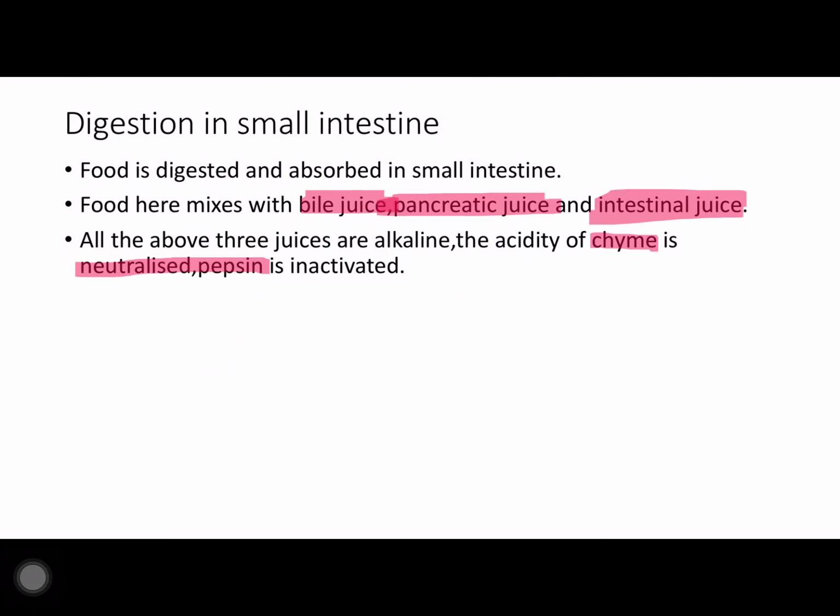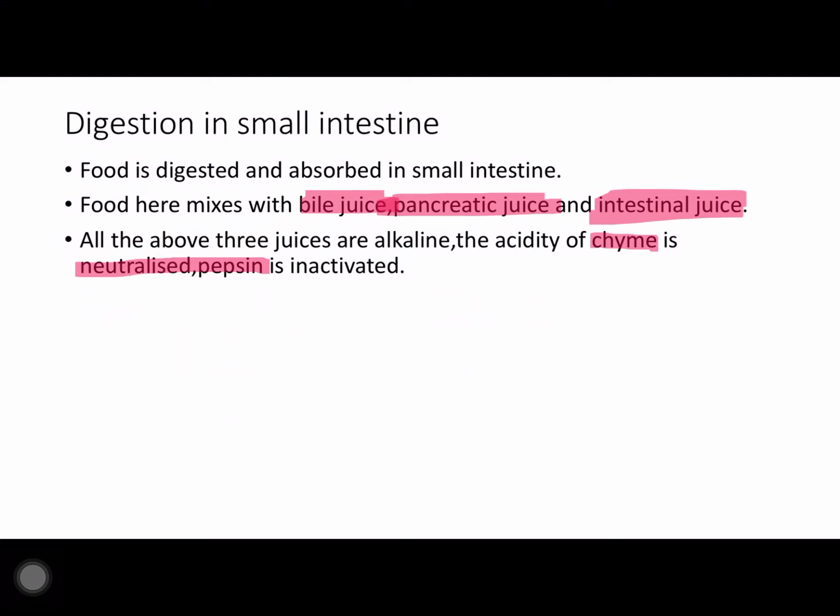Now first, in the small intestine, the food is digested as well as absorbed. As both digestion and absorption take place in the small intestine, there are some substances being used in it. So what are they? The food here mixes with the bile juice, the pancreatic juice, and the intestinal juice.